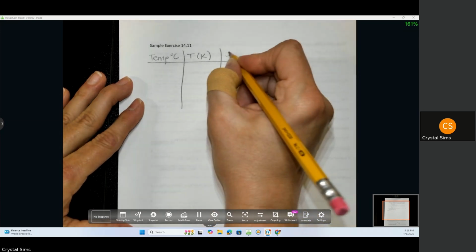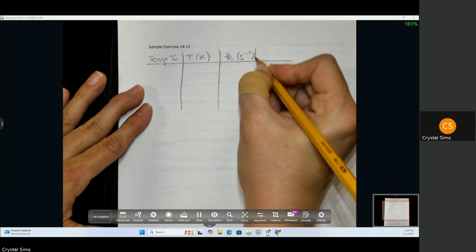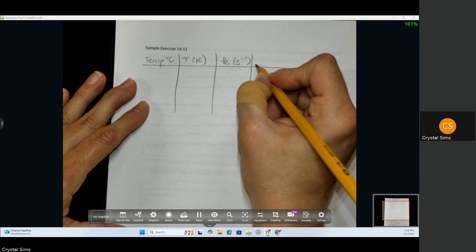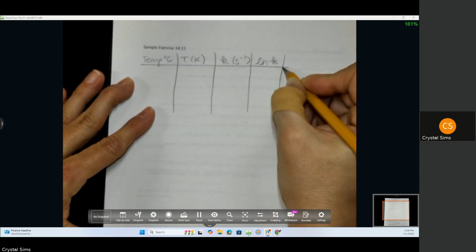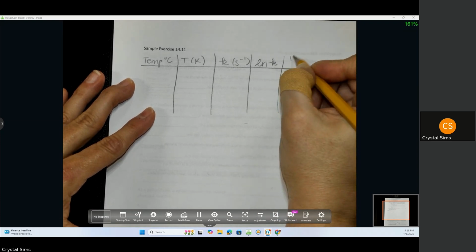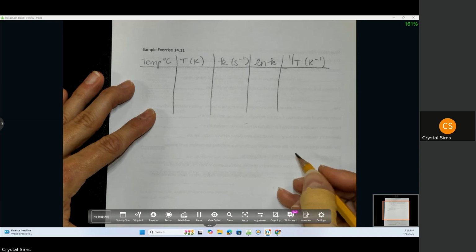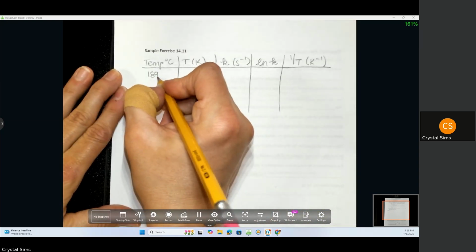They've given K, and that is in s to the -1. Then we're going to have to take the natural log of K and 1 over T, which will be in units of K to the -1. So let me go ahead and write in what was given to us.